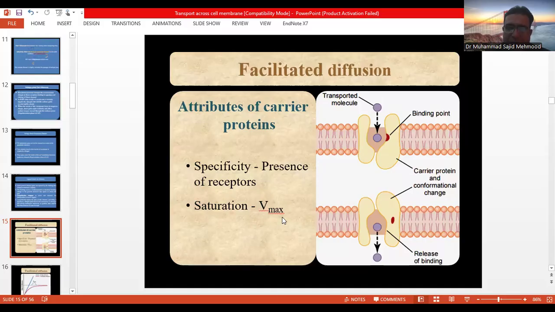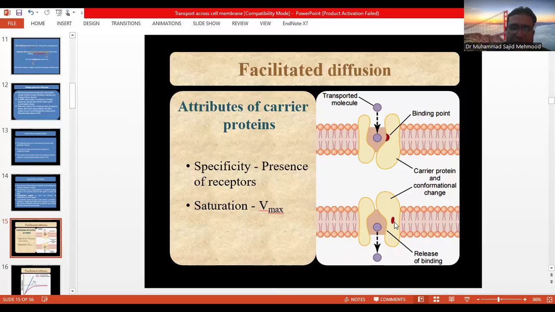So we were discussing facilitated diffusion. In facilitated diffusion, there is a characteristic Vmax, or maximum transport, because the molecules have to bind with the receptor protein, and there is a limit to which the molecules can bind with these receptor proteins.